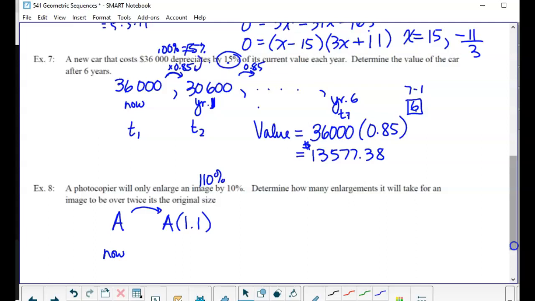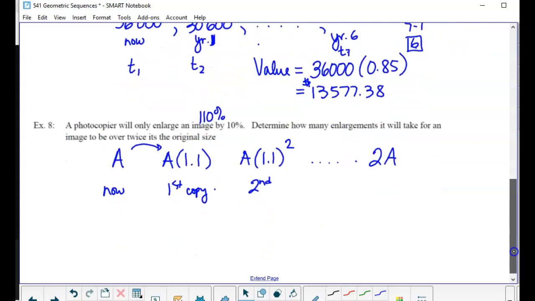So that's after the first copy. Then we take that and put it back in the photocopier, so we're taking that previous one and multiplying it by 1.1 again. So that's squared. That's your second copy.